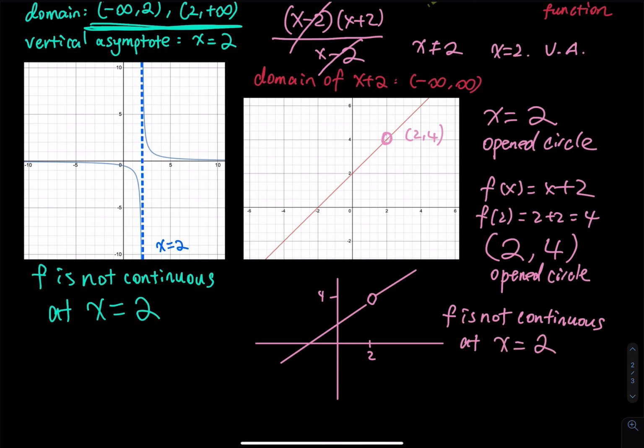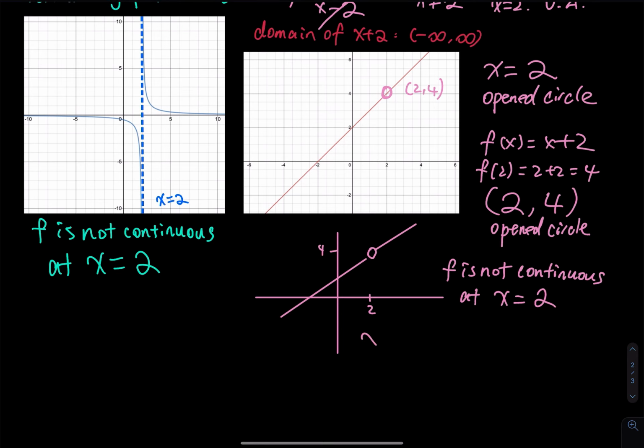But x equals 2 is no longer a vertical asymptote because we just cancelled the vertical asymptote. So if you can do some algebra to cancel the vertical asymptote, then the vertical asymptote becomes a removable discontinuity. So the discontinuity is x equals 2.